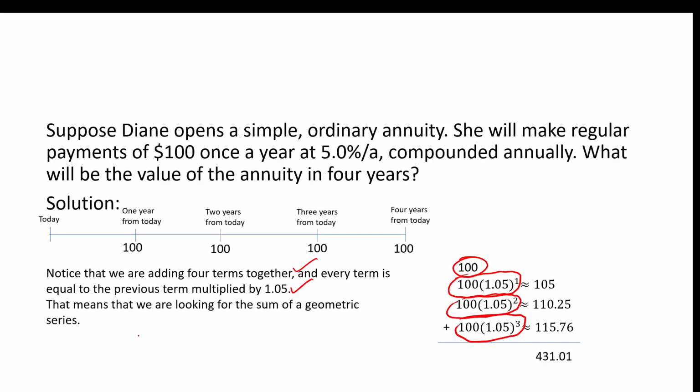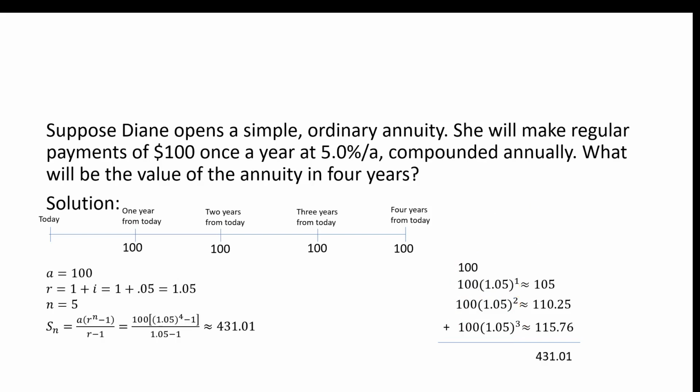What it really means is we're looking for the sum of a geometric series. A is 100, R is 1.05, and N is 4.